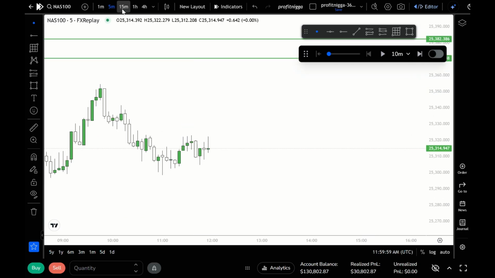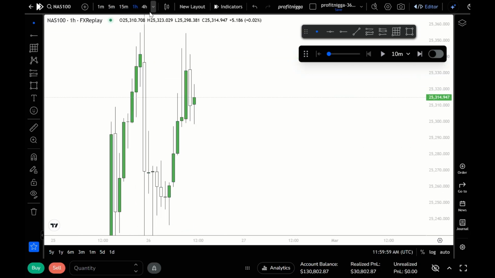Now we go over to 5 minute again and find a break of structure and a confluence.